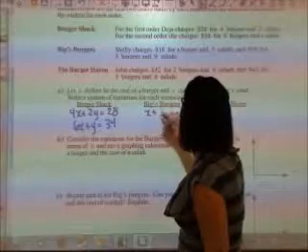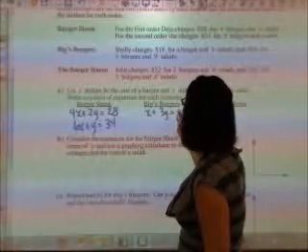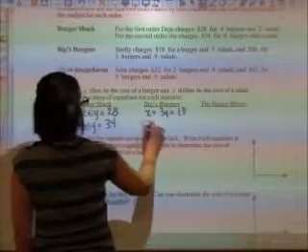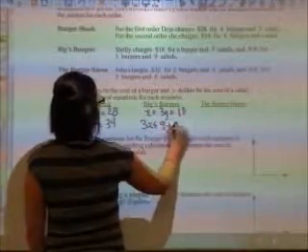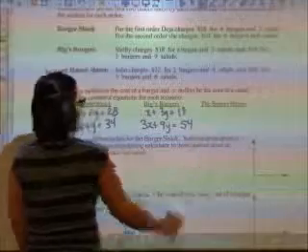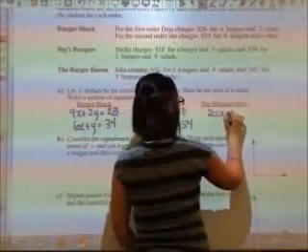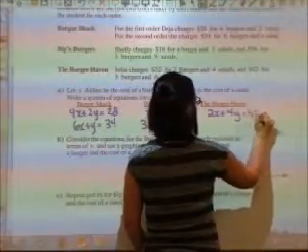X plus 3y equals 18, and 3x plus 9y equals 54. Okay, and in the Burger Haven, what would my 2 equations be? 3x plus 6y equals 42.